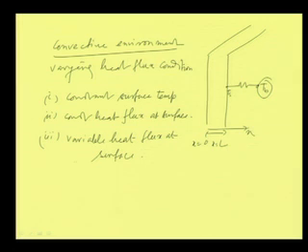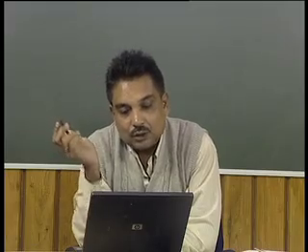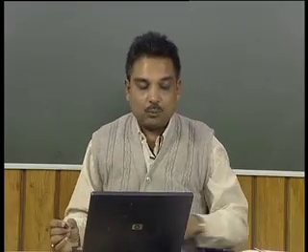And for this kind of situation, for simplicity, taking the constant surface temperature, we have come down to such an expression, which is a very complicated expression. So, when you take the variable heat flux, what does it mean?